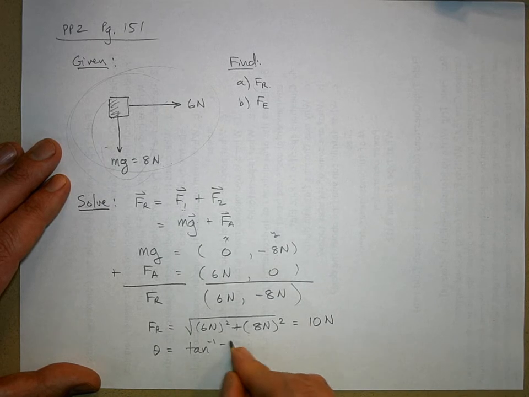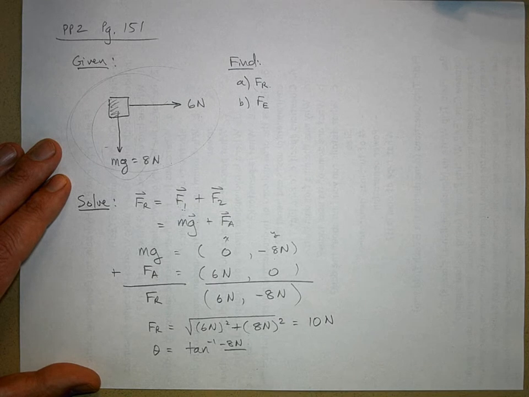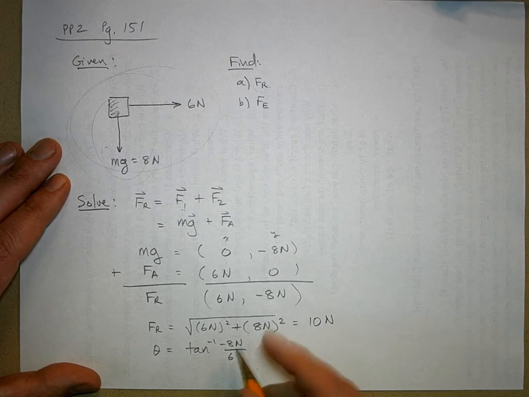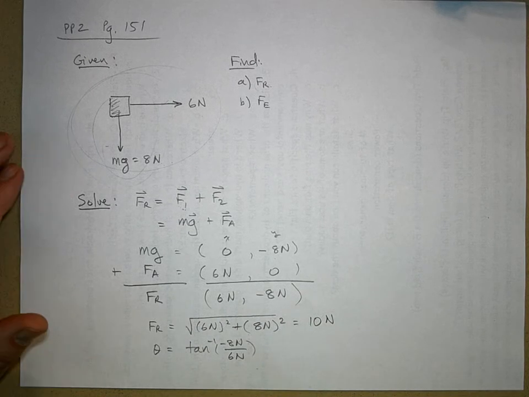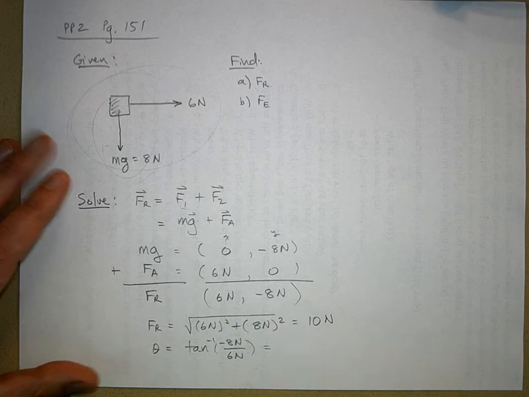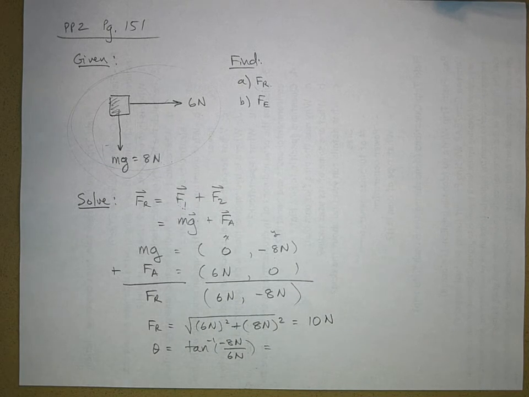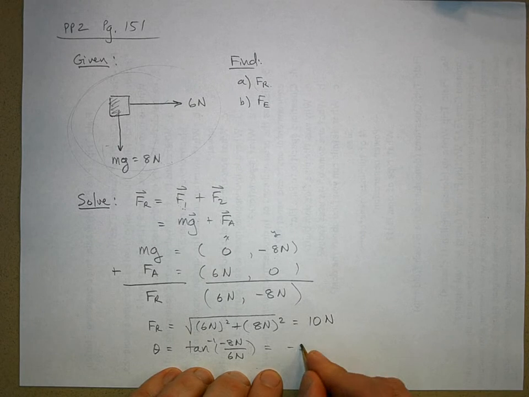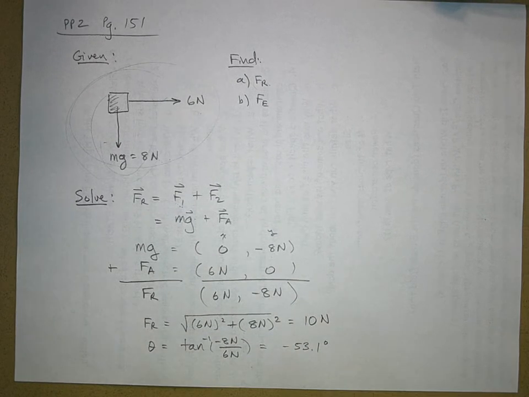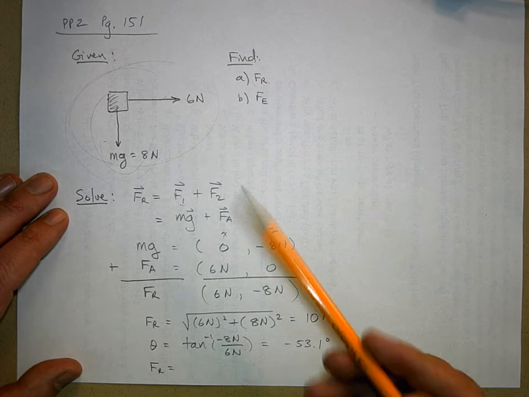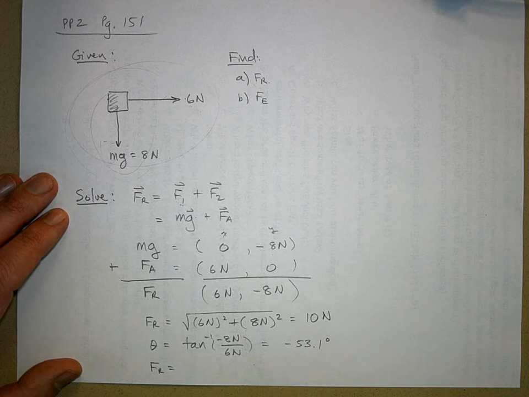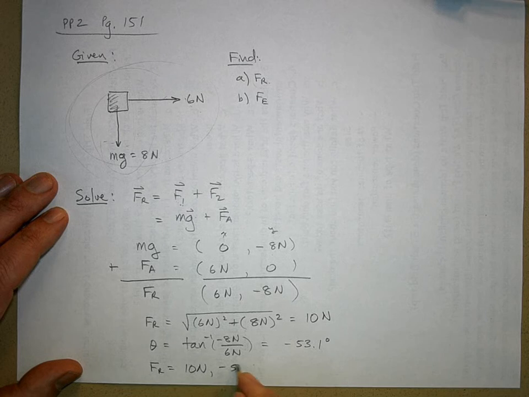Inverse tangent of negative 8 divided by 6. You need to keep the negative to find the angle. And what do we get for an angle here? Negative 53.1 degrees. So we can say the resultant force, the force I get by adding these two, is 10 newtons, negative 53.1 degrees.